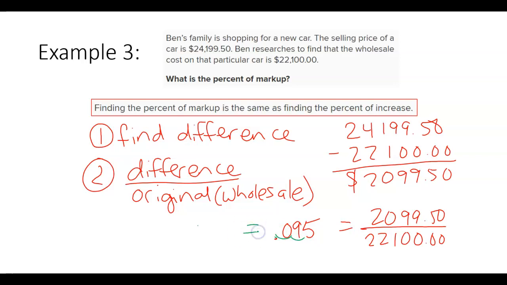So this would be 9.5%. So our percent of markup, very similar to percent of increase, is 9.5%. So they bought it for $22,000, marked it up 9.5%, and sold it for $24,000.